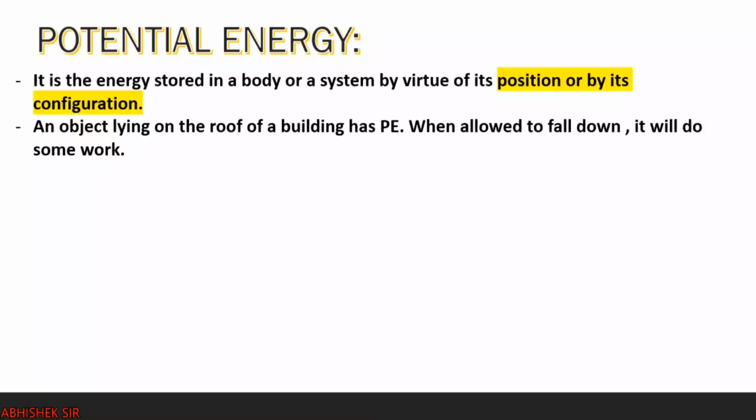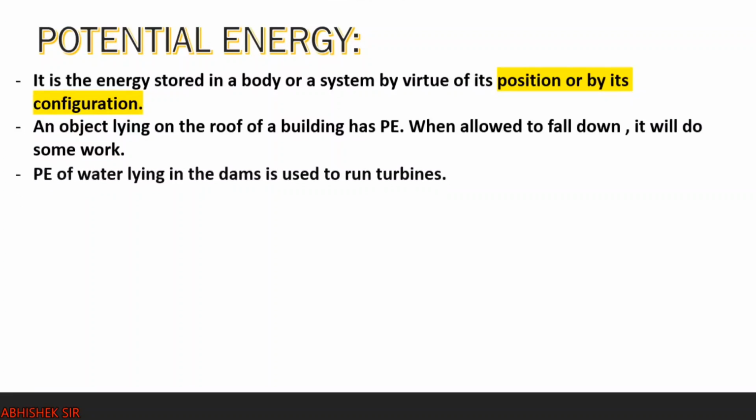We haven't applied any energy, but the energy stored in that object due to gravitational force will give some energy to do work. In the same way, potential energy of water lying in dams is used to run turbines. So this was potential energy, or the energy stored in a body by virtue of its position.